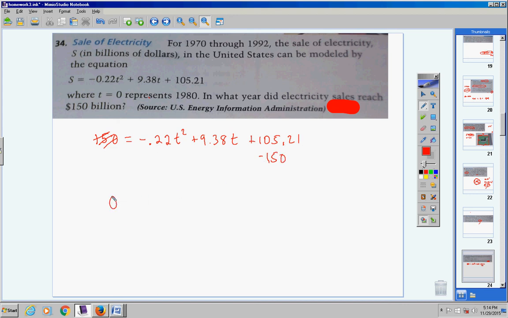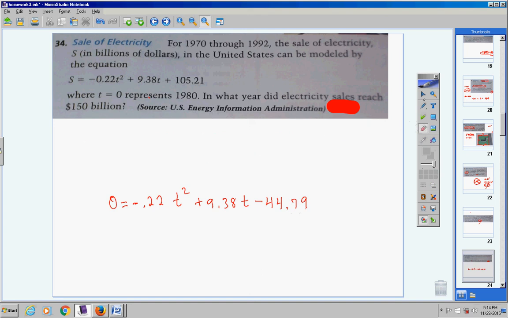And we're left with 0 equals negative 0.22 t squared plus 9.38 t. And then if we combine positive 105.21 and negative 150, we're going to get negative 44.79. Alright, so there we go. So now I'm ready for my quadratic formula.